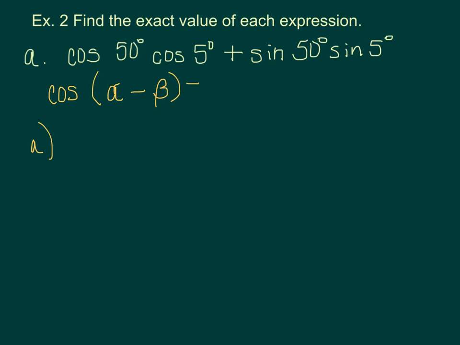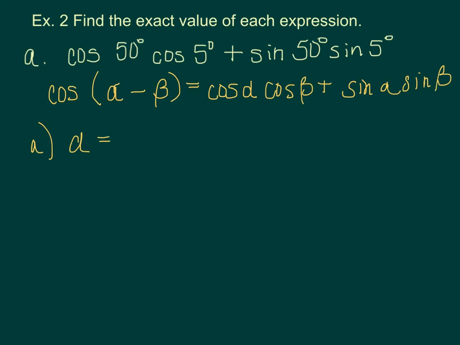Because remember, in our formula, this is how it looks. So according to our formula, the alpha, the first angle, is 50 degrees. And beta, which is the second angle, is 5 degrees.